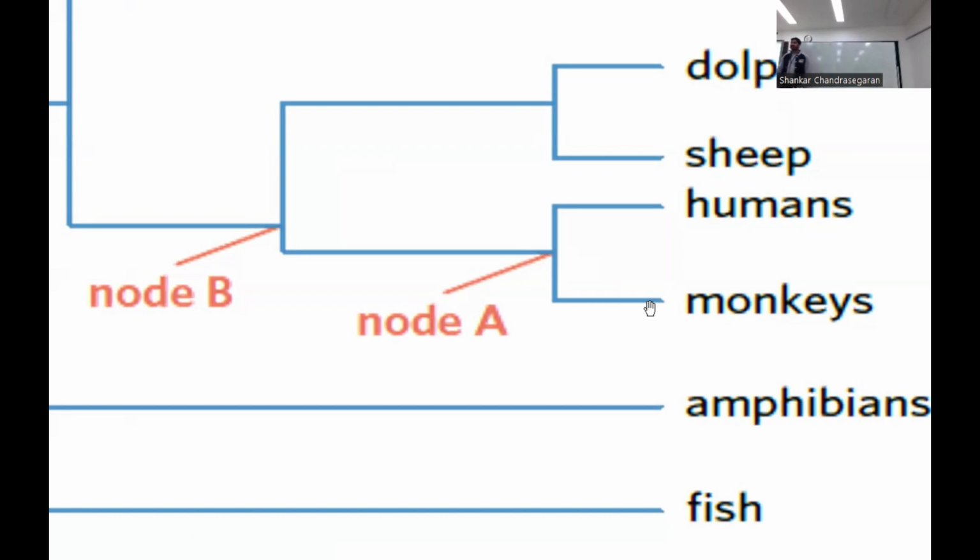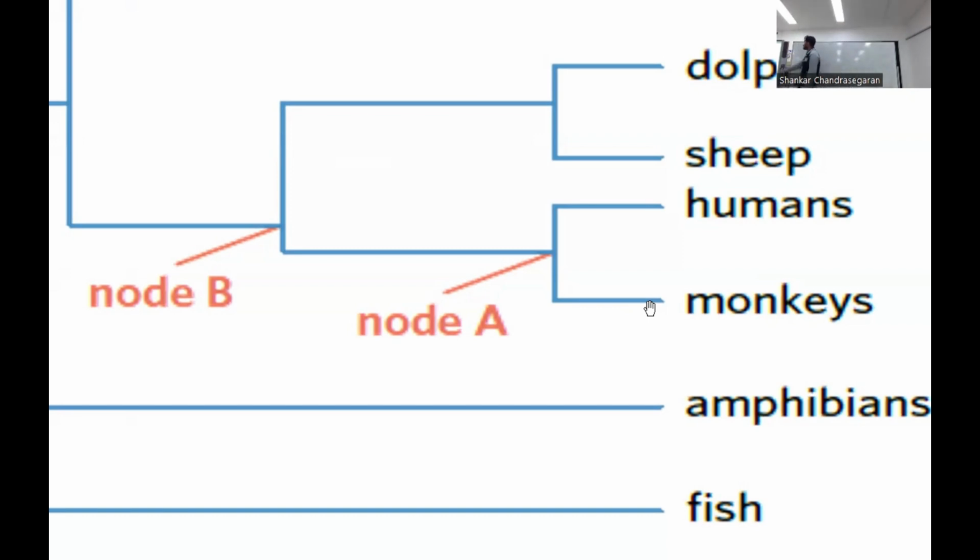That is how you should be reading nodes: how closely related species are is determined by the closest node that they share. Humans and monkeys have a very close node with each other, which means they are very closely related.